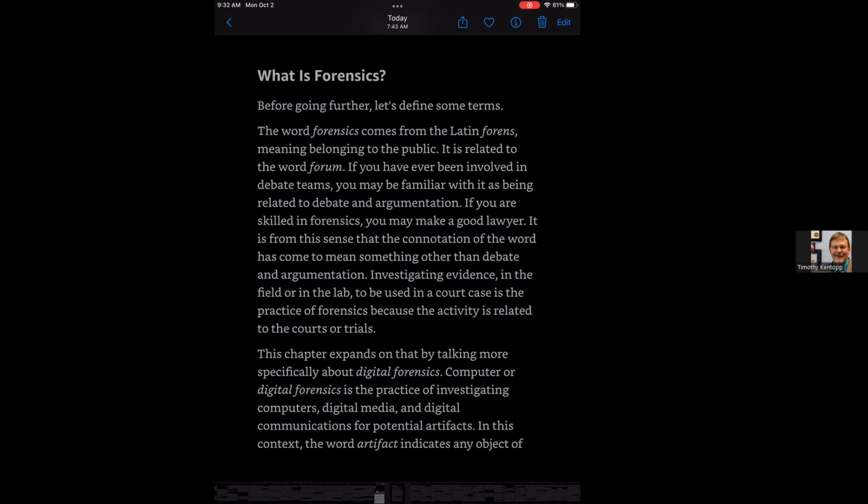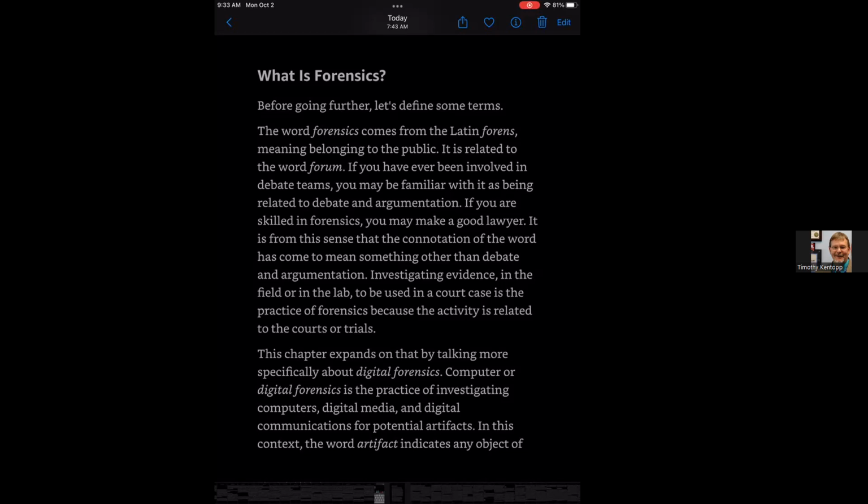It has to do with the concept of public, right? Something that belongs to the public. So forensics is to reveal for public. It's related to the word forum. And what we're really talking about are investigations or review by authorities, right? Could be private or public.